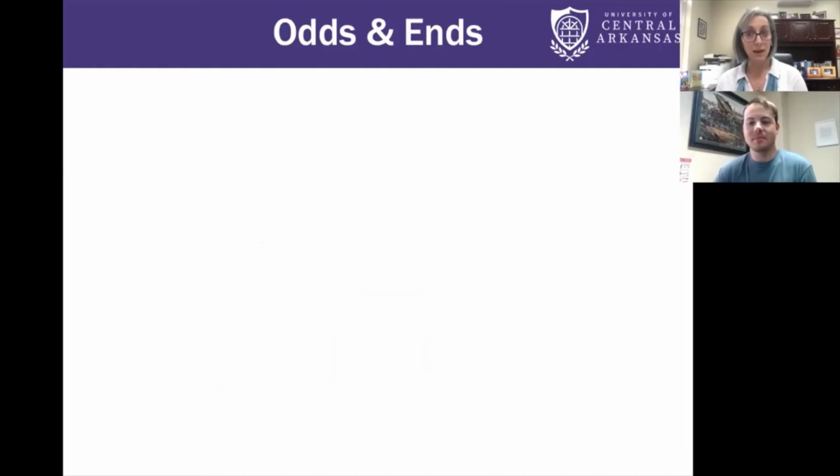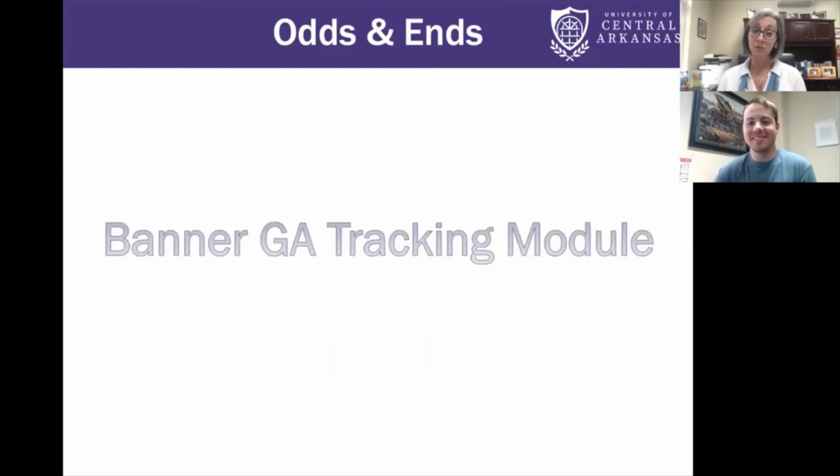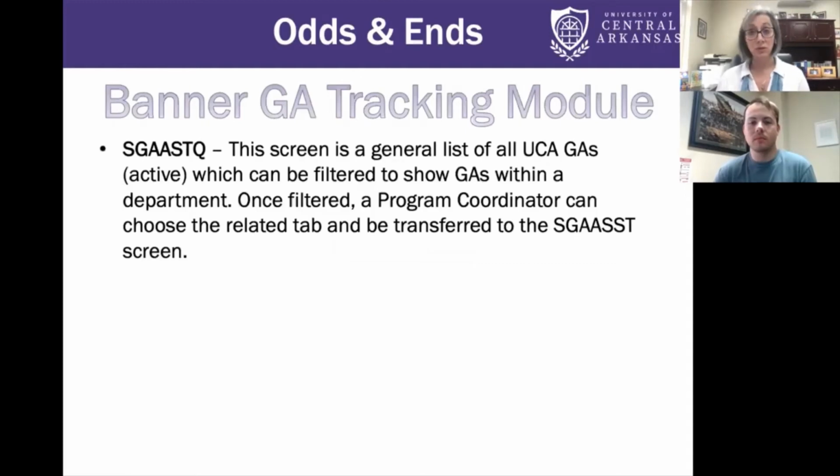And now we have, and this is where the spoiler alert came in, a Banner GA tracking module. This took us a couple of years to get up and going, which is a ridiculously long time, but we're so glad to have it. What it allows us to do is have GA information in Banner so that anyone who can access Banner can access the information. There are two screens involved.